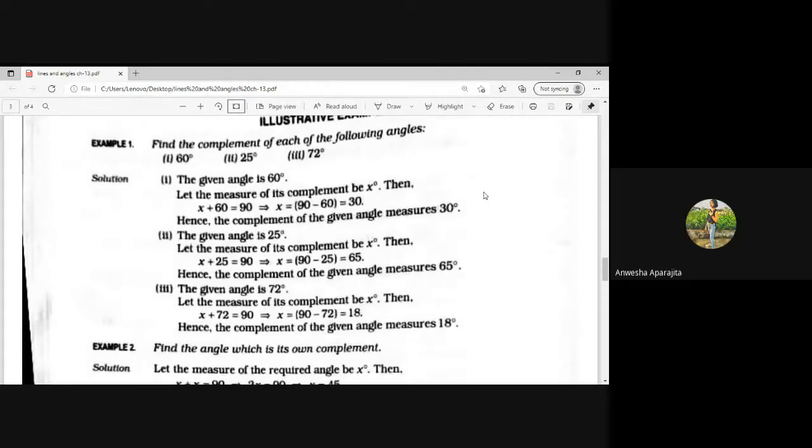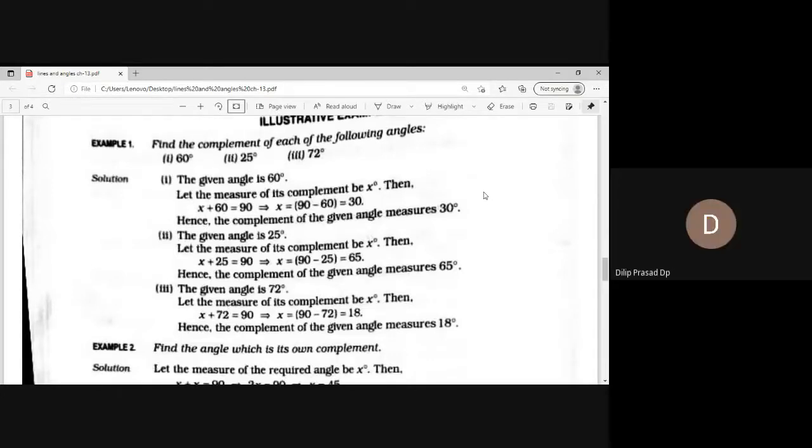If I say 36 degree, what will be the complement angle of that 36 degree? 54. Yes, 54. So I just have to subtract that from 90, because it is complement.